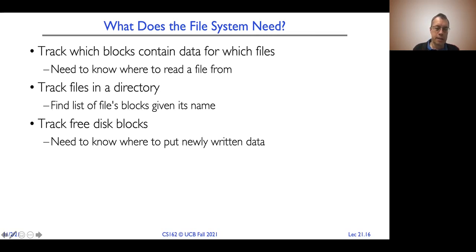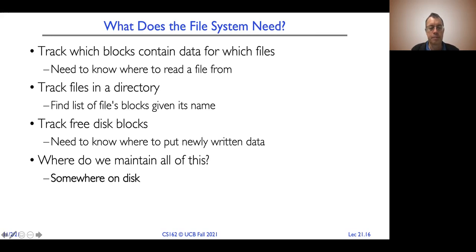And then you need to track the free disk blocks, because if you write something new in a file, you need to know which blocks are free, are empty. And then you also need to decide where to maintain this information. The answer is that the information has to be persistent, so you have to maintain it on the disk.